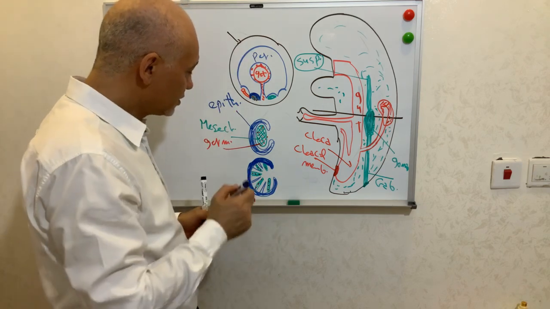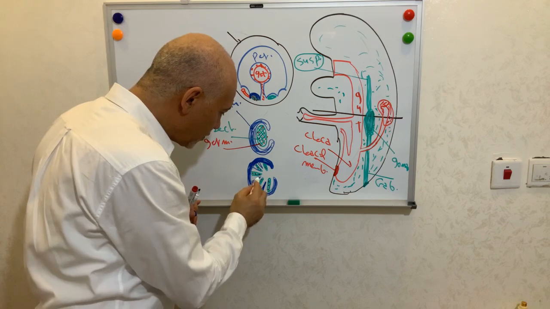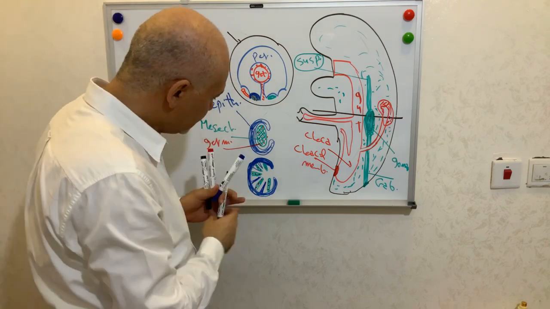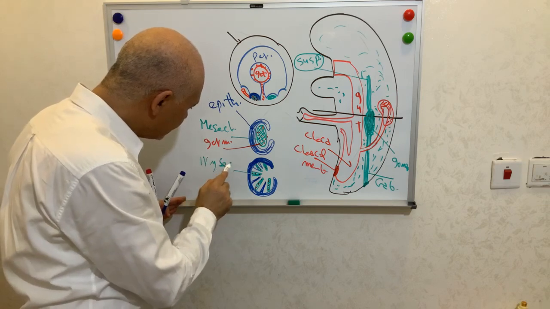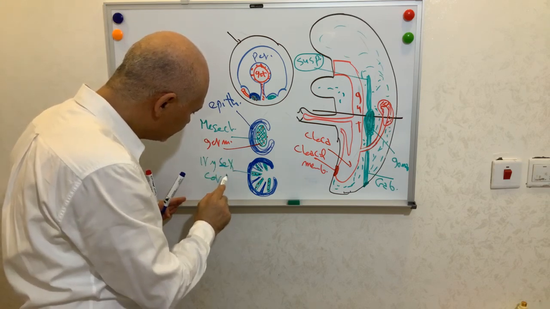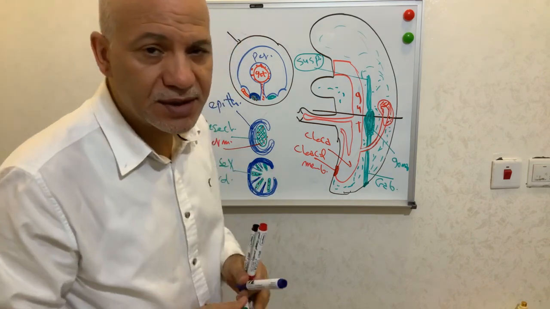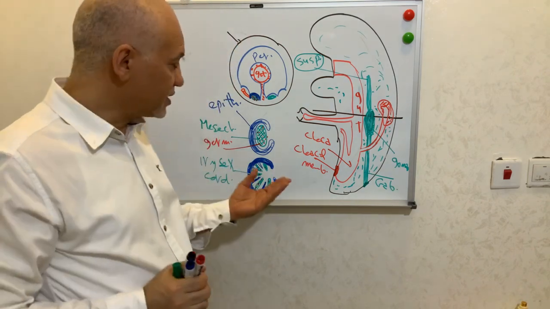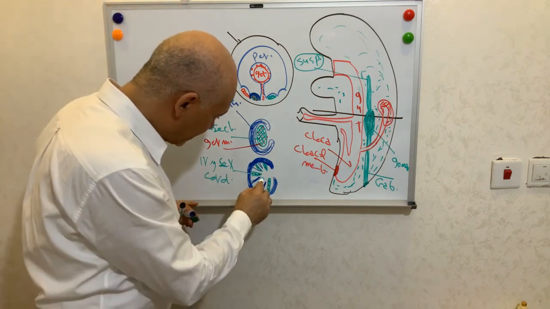Later on, the mesenchyme divides into cords. This cord is called the primary sex cord. As we discussed in the previous lecture, this is the primary sex cord.